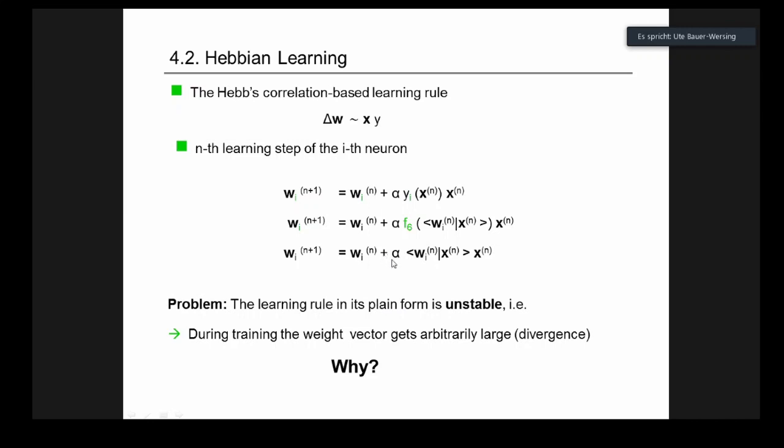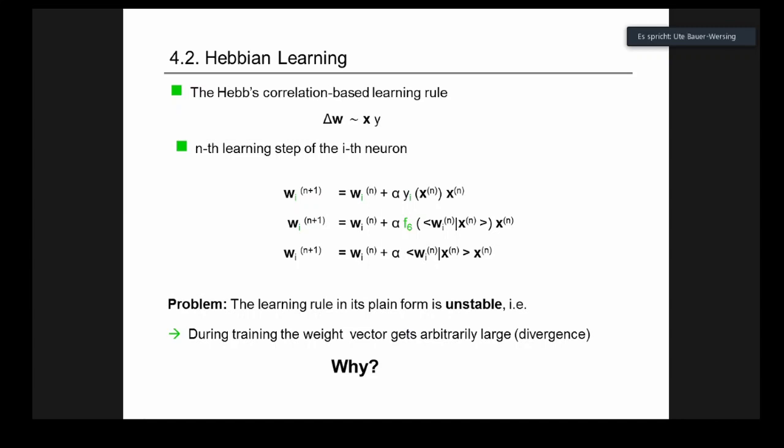If you apply this learning rule, you do not have to do much thinking about how to determine when you stop learning. What's going to happen is that the weight vector will diverge, so it will grow in length. So this learning rule, as naively put here, is unstable.